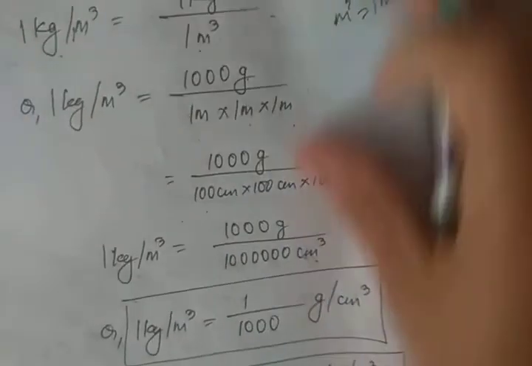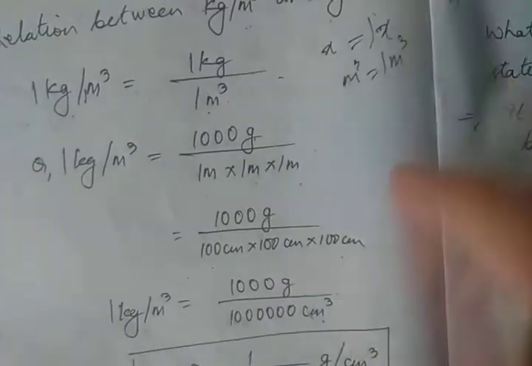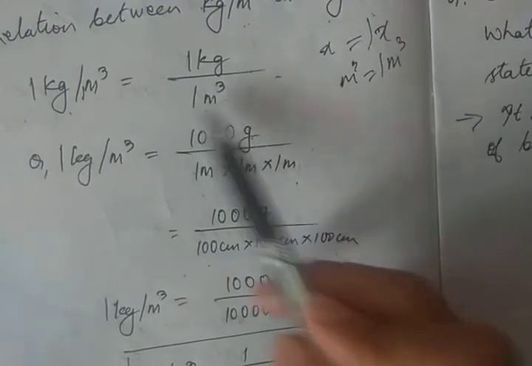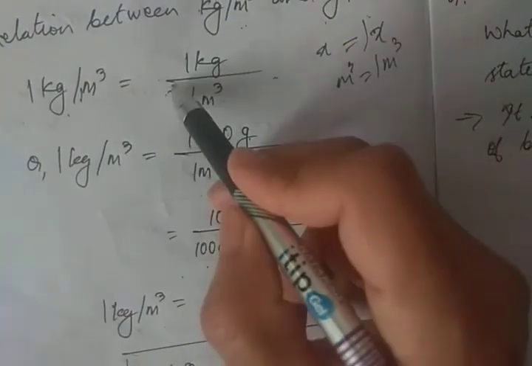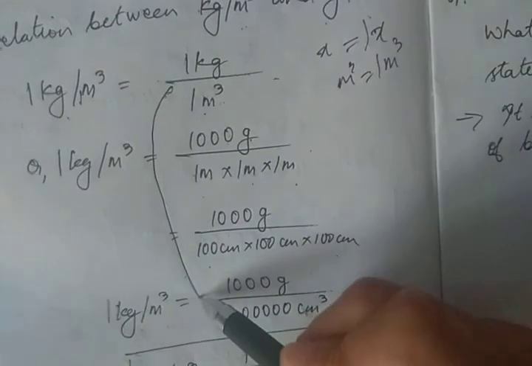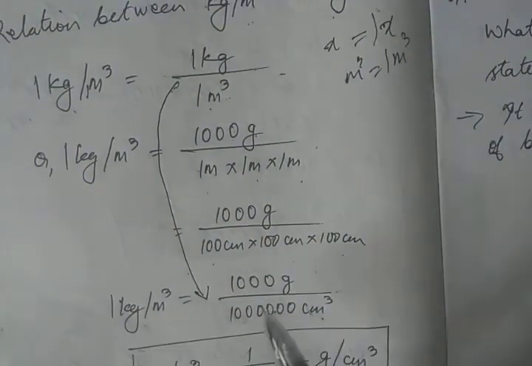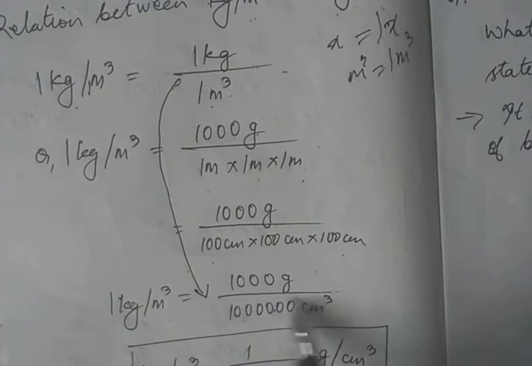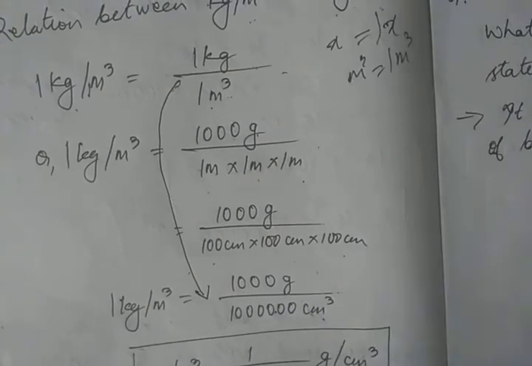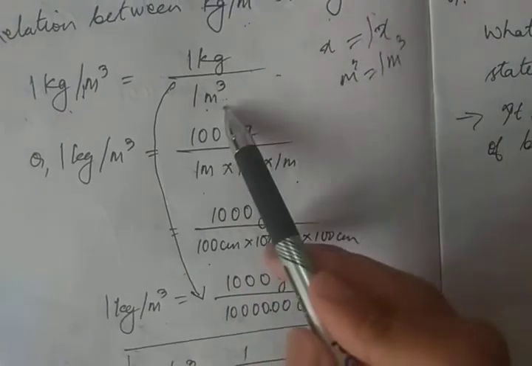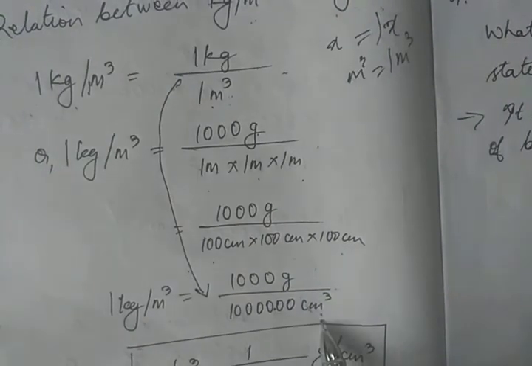From here, you could have directly jumped to this expression over here, because this denominator relation we've already seen in the last video: 1 meter cube is 1 with 6 zeros centimeter cube.